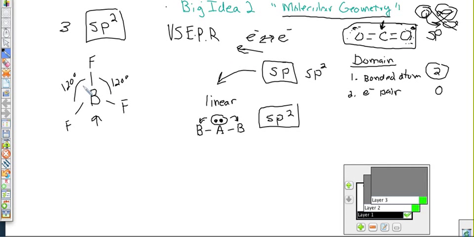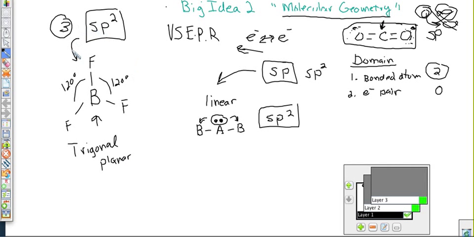But we have 120 degrees between each of these right here. So anytime you have sp2 hybridization, and it's 3 bonded atoms without any lone pairs, this is the shape it's going to make. We call this shape trigonal planar.